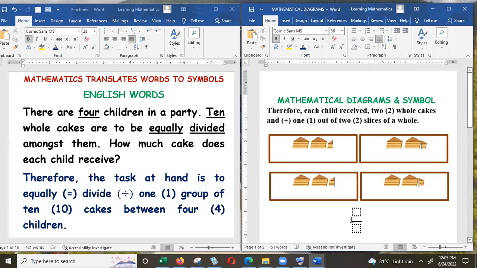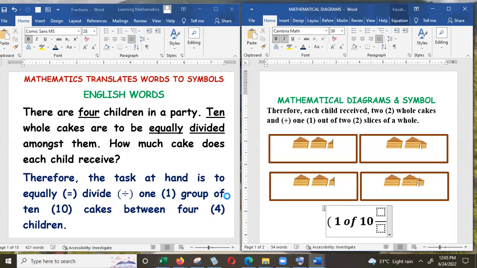So therefore, remember we said the task at hand is to divide one group of 10. Here it is. One group of 10 has to be divided amongst 4.